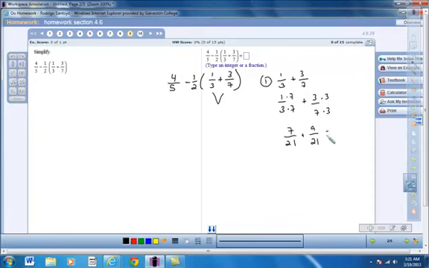And now I can add this. 7 plus 9 over 21, which gives me 16 over 21. So this gets changed to 16 over 21. Keeping it in parentheses, and I'm writing everything else.